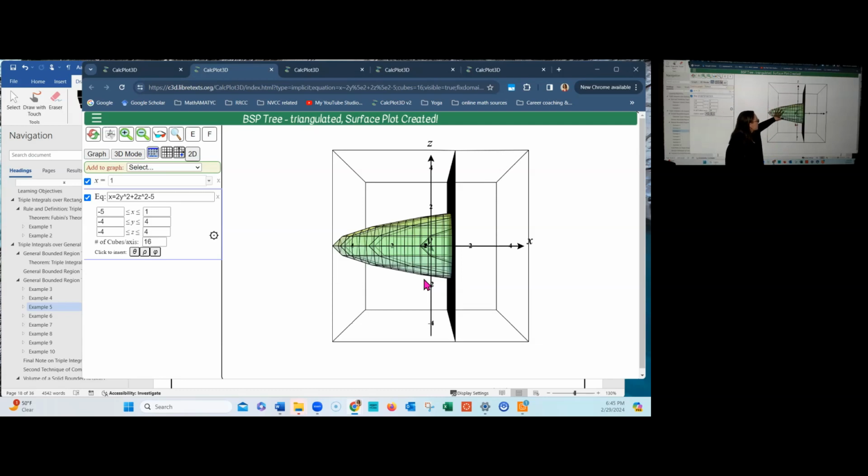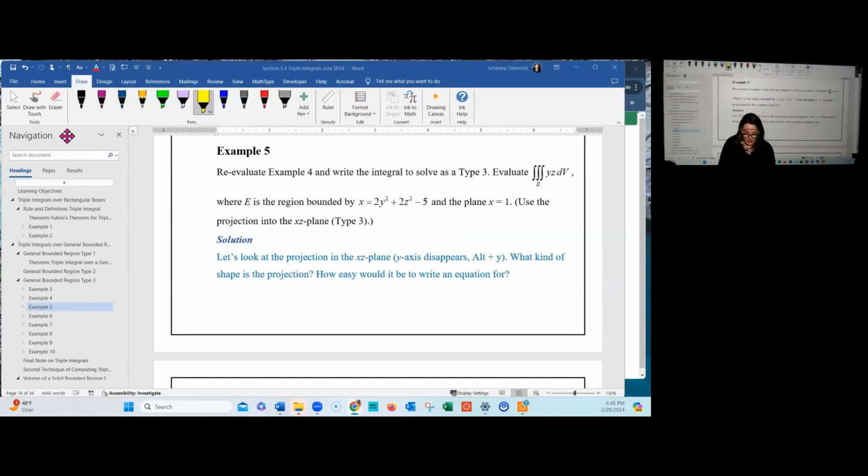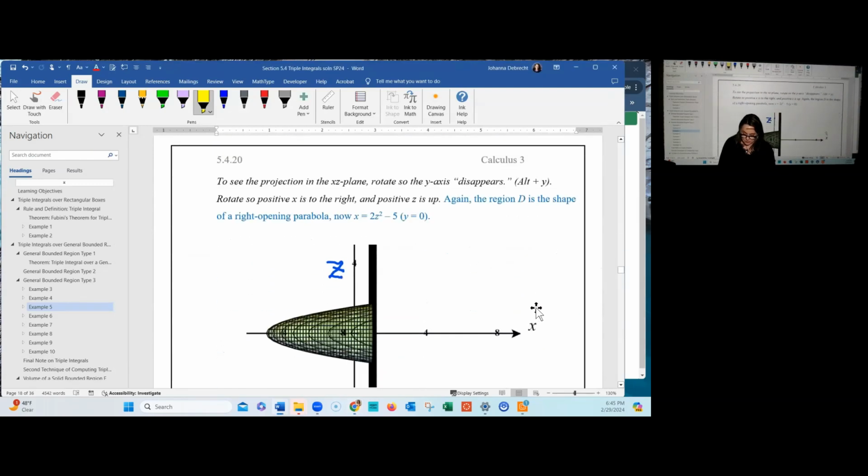It's clear that we have on the right x = 1, which is our plane, and on the left the paraboloid. This, however, gives us a two-dimensional shape for our double integral, which consists of a right opening parabola. We'll need to find the equation here for our right opening parabola in terms of x and z. Let's look at our work again.